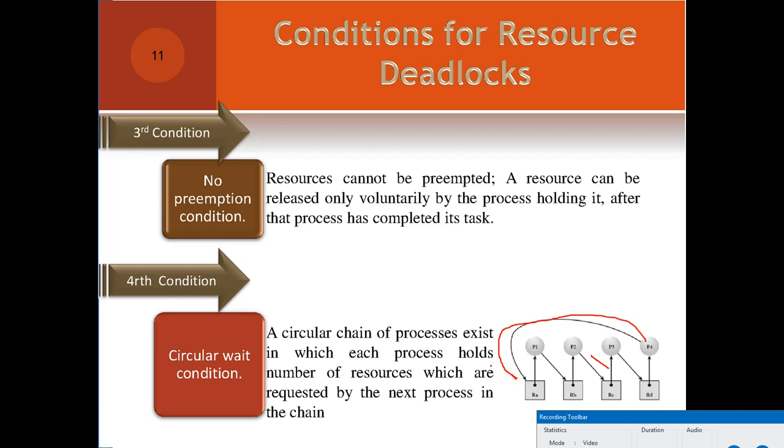So if you see, there exists a circular chain of processes in which each process is holding a resource and requesting a resource that is being used by the next process in the chain. This is called the circular wait condition. So all these 4 conditions must be true at a particular time for a deadlock to happen.